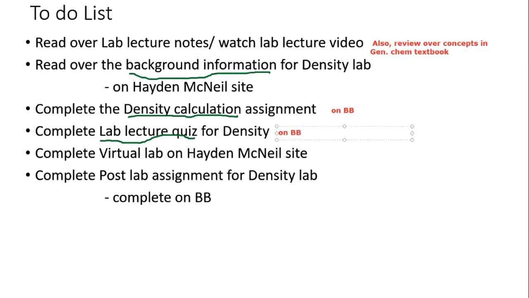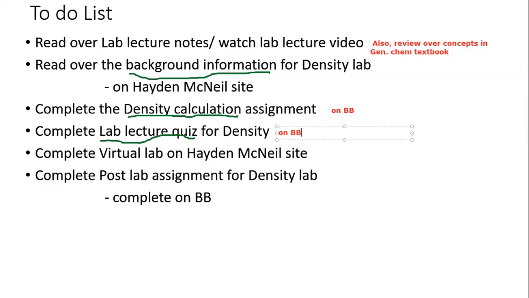And then once you do all of this, you go to Hayden McNeil's site and complete the virtual lab on density. What you'll do is click on the book, it'll take you to the experimental information, and then there's a blue square you click on to start the experiment. As you read the information, you complete the experiment.